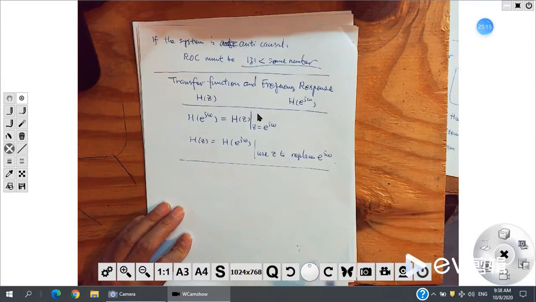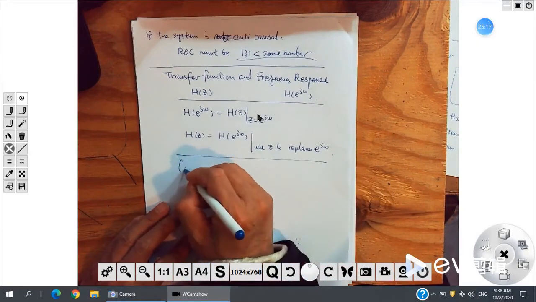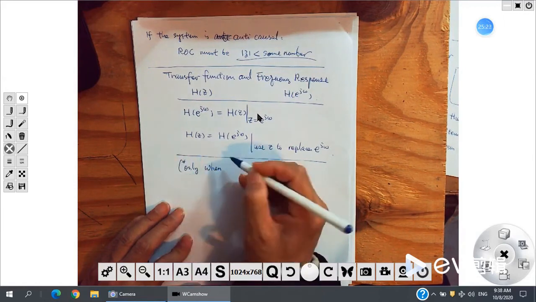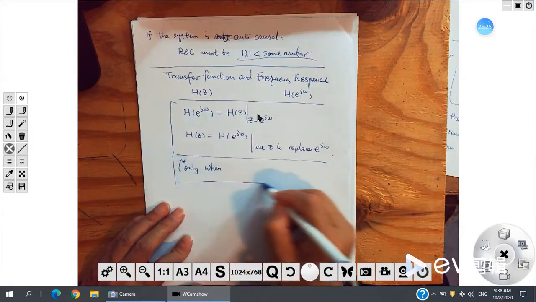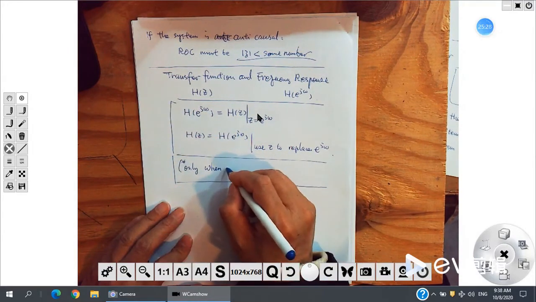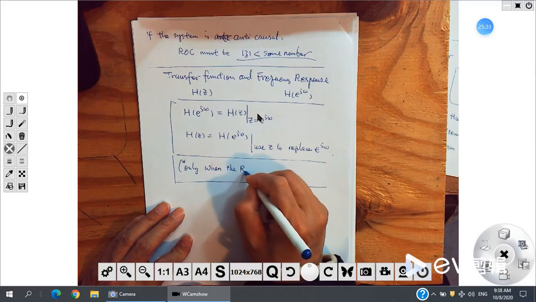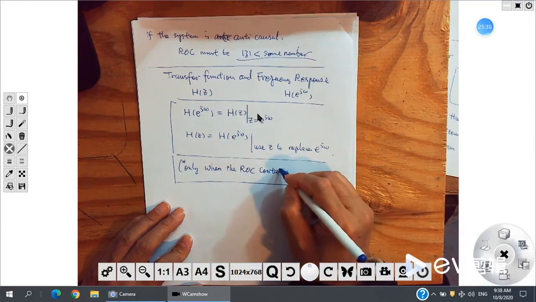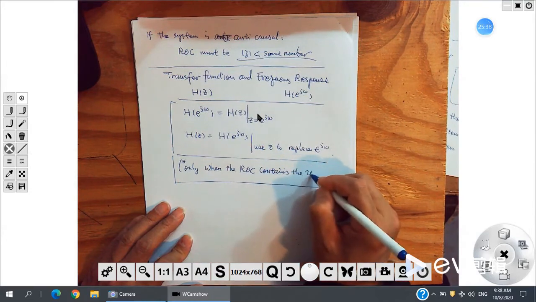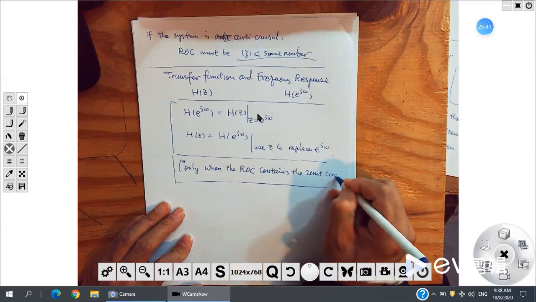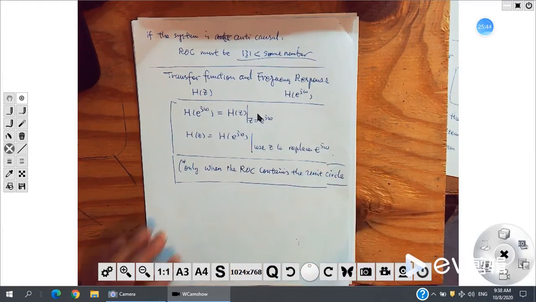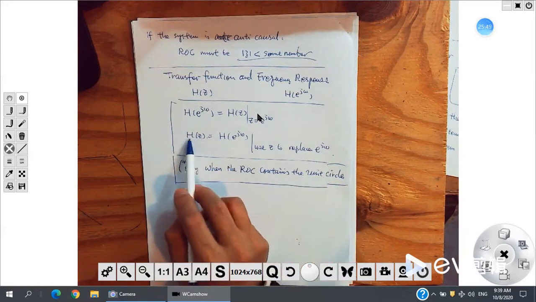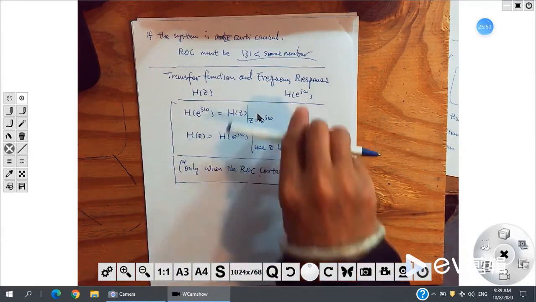However, you need a condition. Only when the RC contains the unit circle. Only in this case. If the RC of H does not contain the unit circle, you cannot do that.